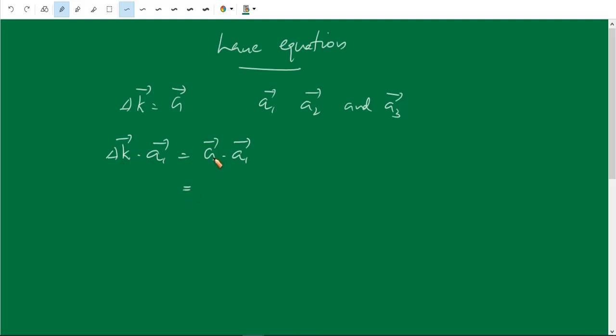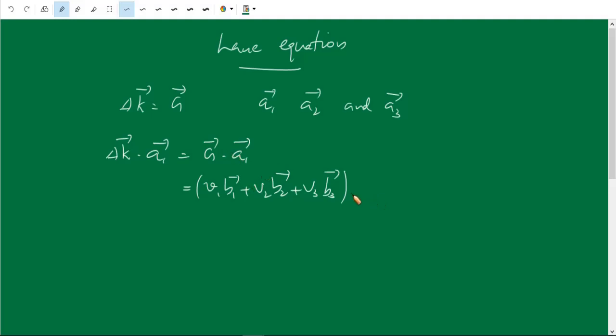What is G? G is V1 B1 vector plus V2 B2 plus V3 B3, where V1, V2, V3 are integers and B1, B2, B3 are the reciprocal lattice vectors along the three different axes.